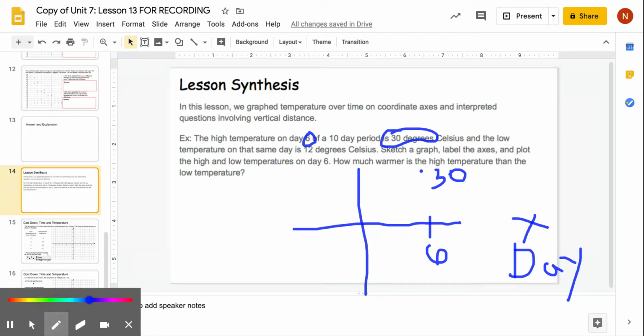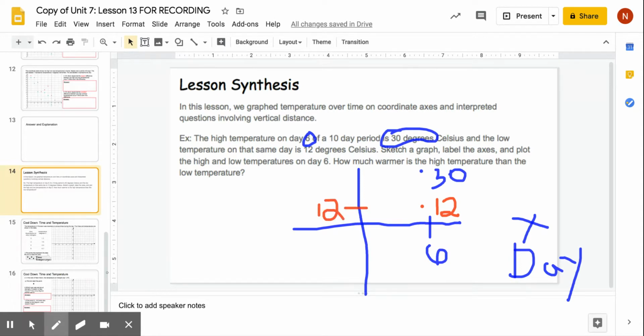So I'm going to go ahead and use red to represent the low temperature, which is somewhere a little bit farther below than 30, because on our y-axis, we know that 12 comes first and then 30.